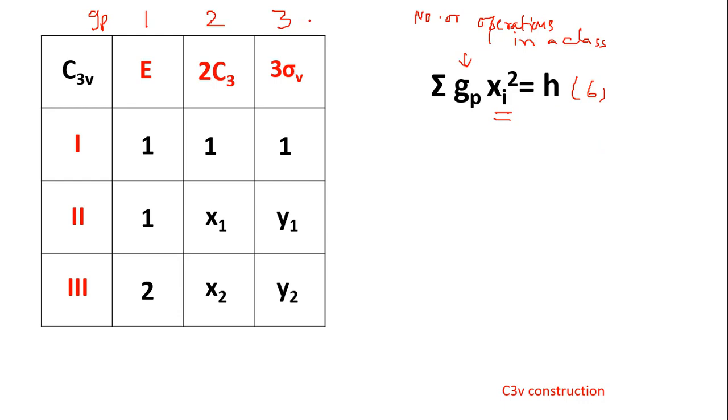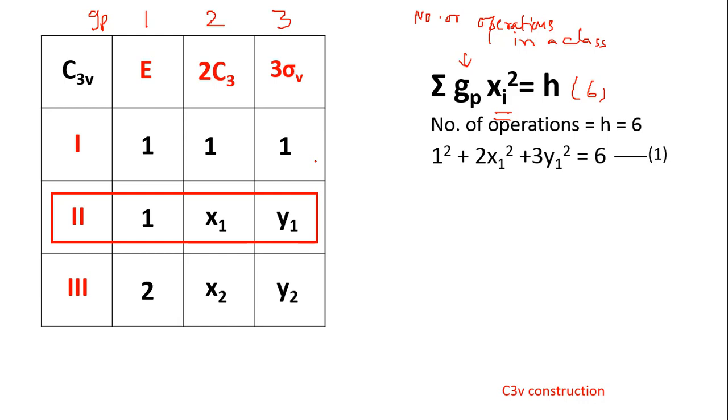Next, if you apply this rule to irreducible representation 2, gp for E is 1 into 1 square. This is what is written here as 1 square. Then gp for the C3 class is 2 into x1 square. For sigma V it is 3 into y1 square, equal to 6.